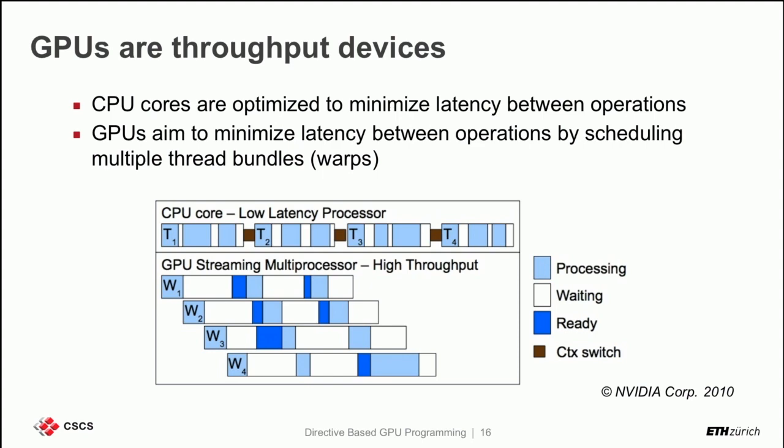In a 4-core CPU, you may say, okay, I can run 16 threads, but how can this happen? There is not enough space. So thread 1 runs, then it's processing, then it's waiting for memory. But you see the wait time for memory is generally less compared to the GPU because you have very large caches.